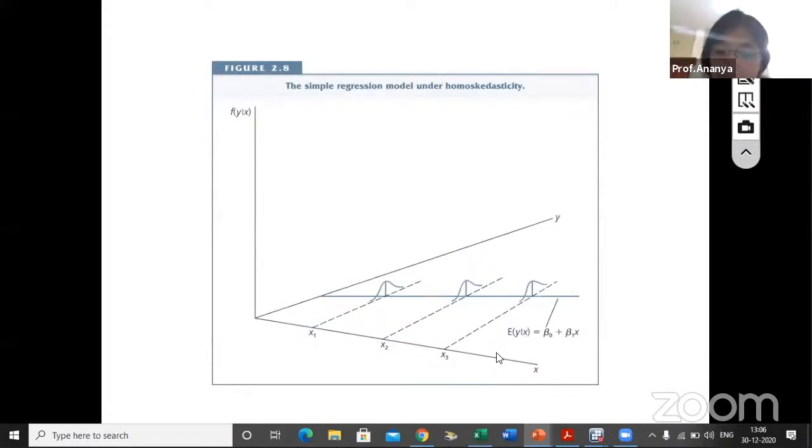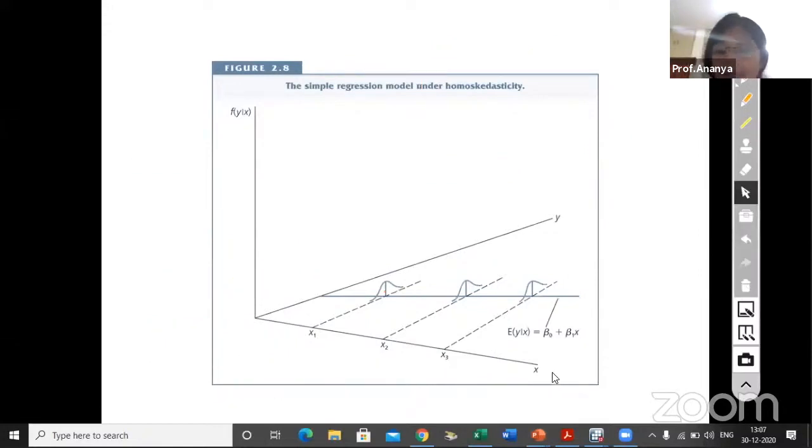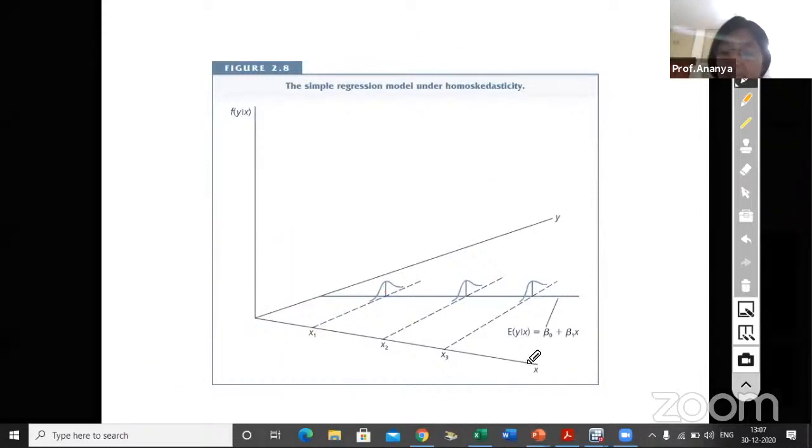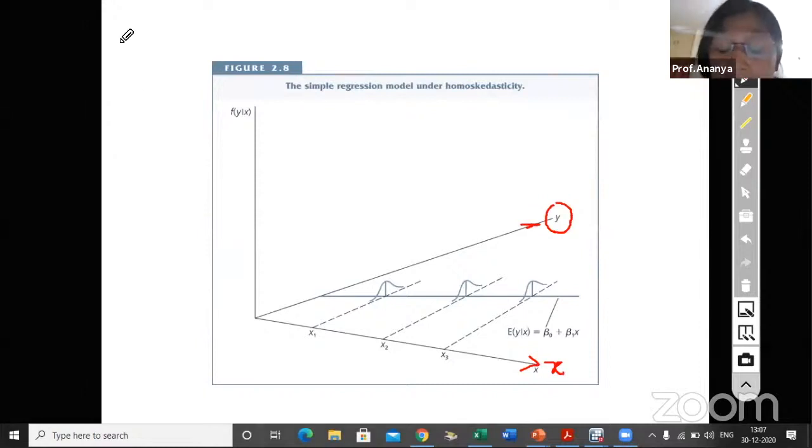Here is a slightly different way of putting the same thing, where I have x, which is my explanatory variable, along this axis, and here is my dependent variable y. So y values are measured along this axis. Now suppose I fix x. Remember, I'm stating my regression model as the expected value of y given x.